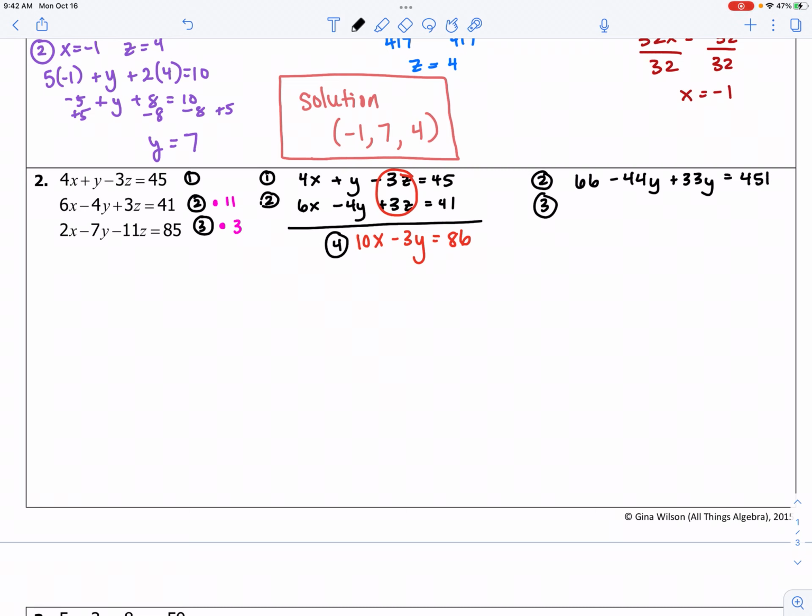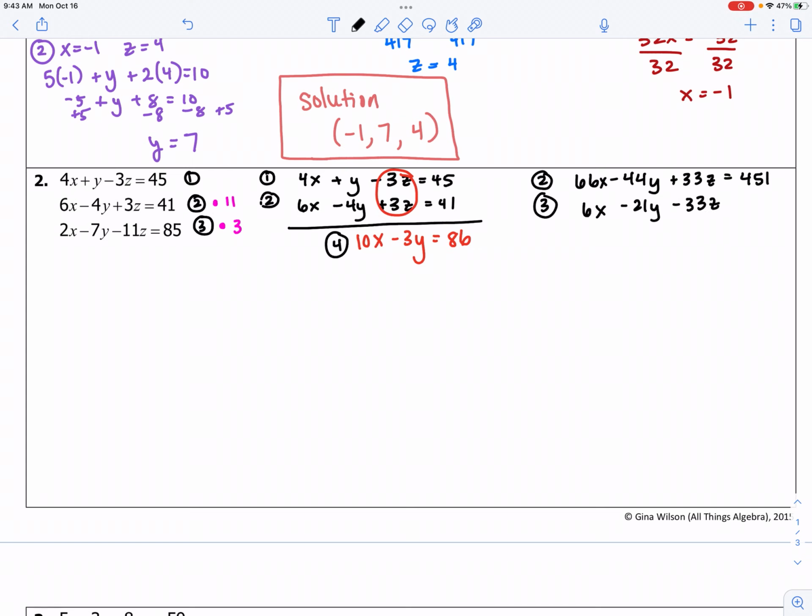So I multiplied equation 2 by 11. Equation 3, I multiply by 3, we get, oops, I forgot the x here. 6x minus 21y minus 33z. Made some mistakes, so this is 33z.